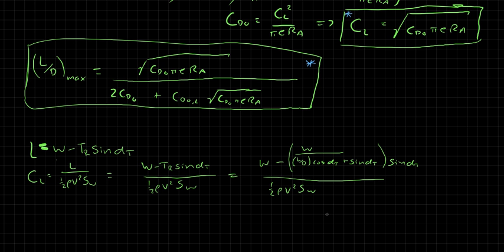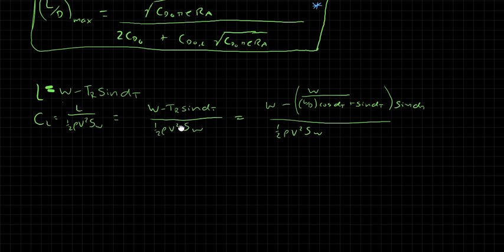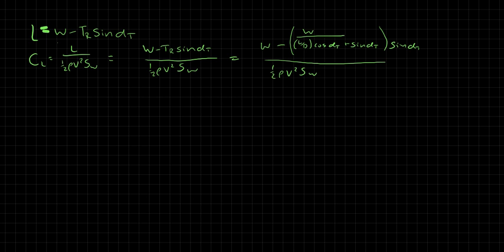We can simplify this, and I am not going to do all the steps here. So if you're really interested here, I encourage you to follow the steps yourself. But essentially we can simplify this entire thing to the following.